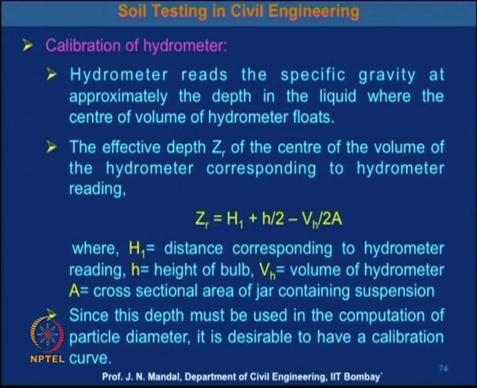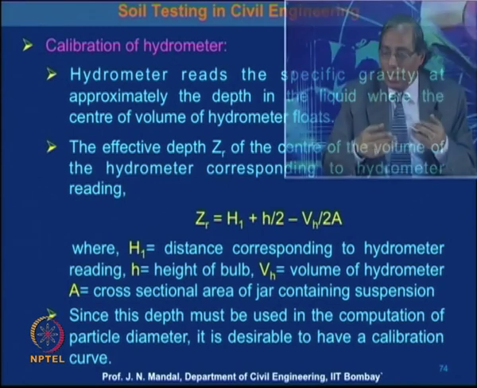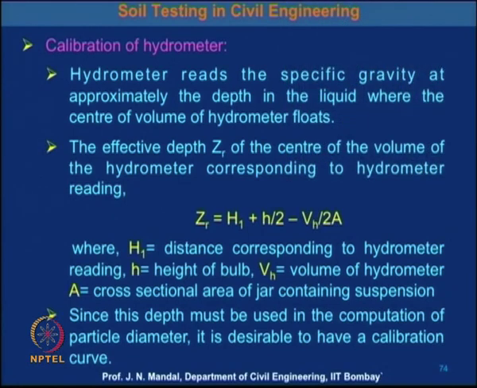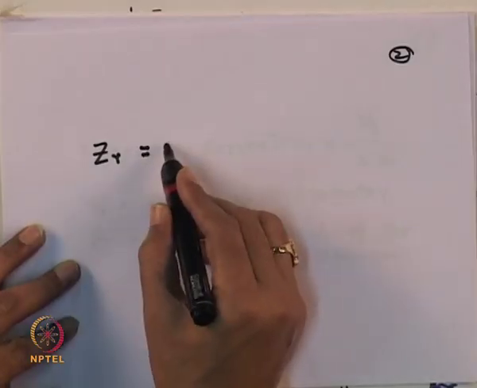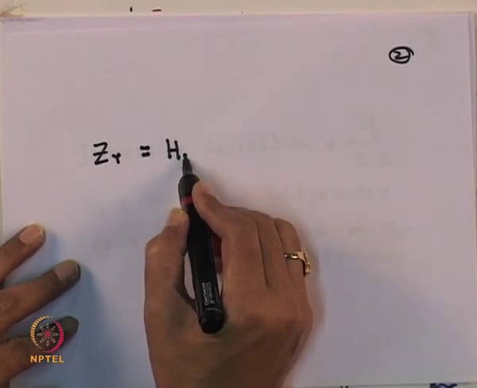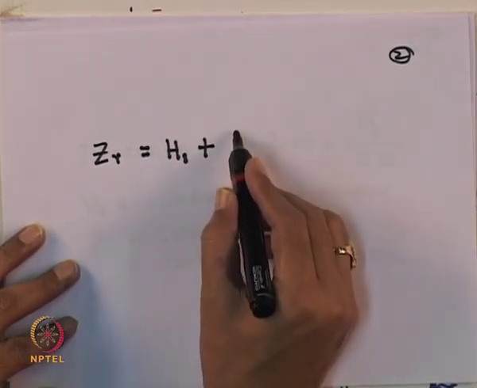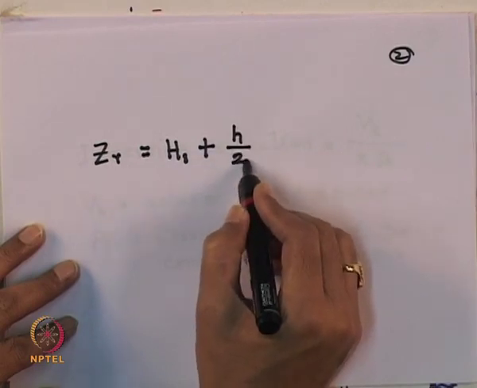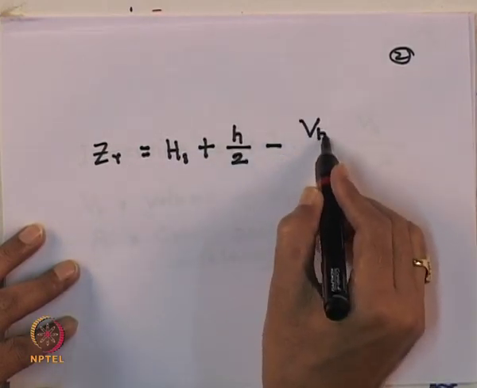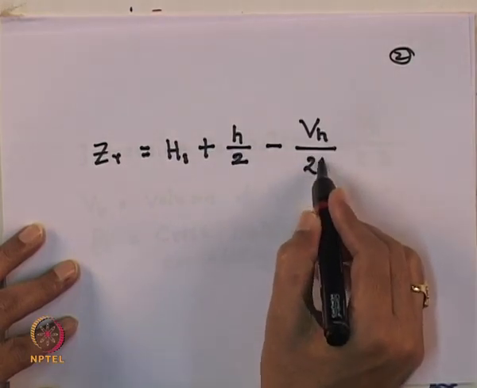The effective depth which we discussed, that is ZR, is the depth of the center of the volume of the hydrometer corresponding to the hydrometer reading. That means we can express that ZR will be equal to H1 plus H by 2 minus VH divided by 2 of A.